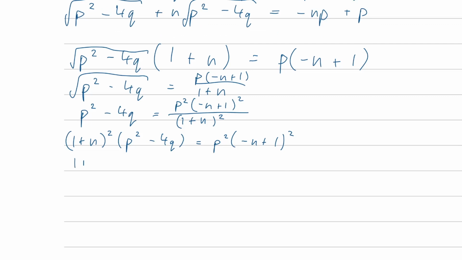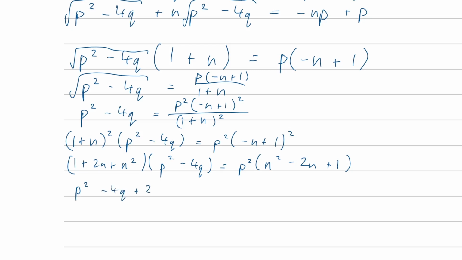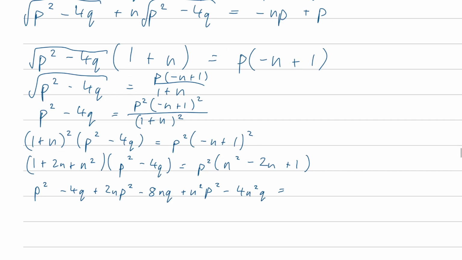So we have 1 plus 2n plus n squared times p squared. Now we can group like terms.